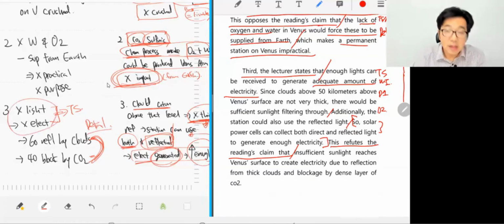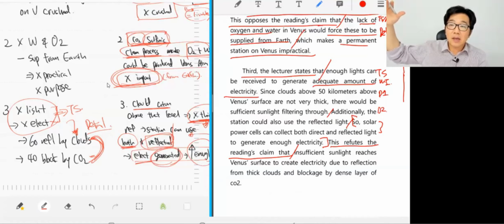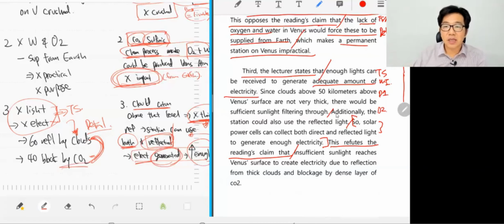Okay, so not enough light will be received to generate enough electricity for humans to live because thick clouds will reflect the light away, and a dense layer of carbon dioxide will also block the lights. Okay, into one sentence. So you got a bit long here.